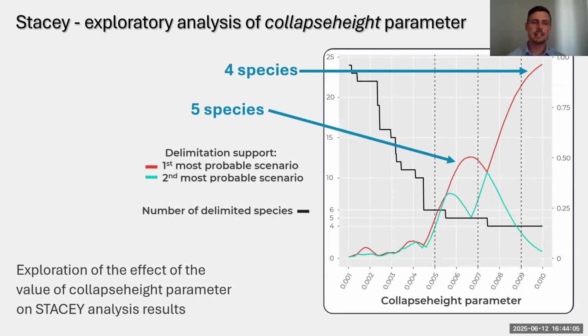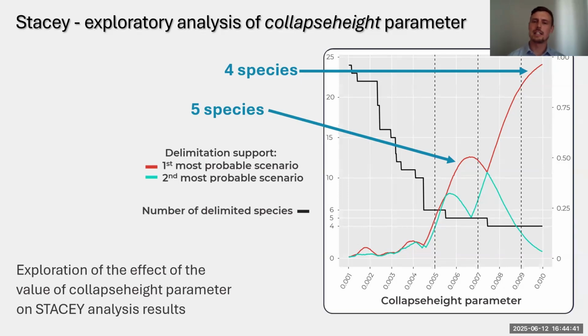So what I wanted to do from the beginning, but actually got to do a little bit later during my research, not in the first paper, but it took me several studies to get to this level, was to use a large number of collapse height values and explore the influence of this parameter on the delimitation.